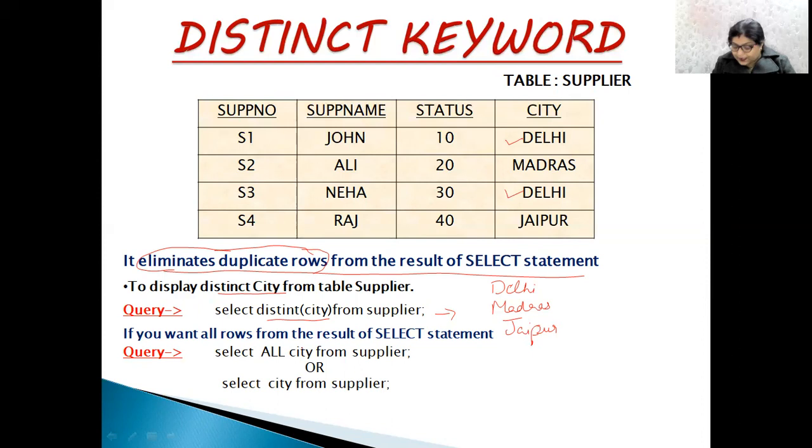It means they are asking for a single entry of Delhi. If you want all rows from the result of the select statement, you can write only select city, or you can write all city. All means obviously all. If I am not writing all, by default it will take all cities.